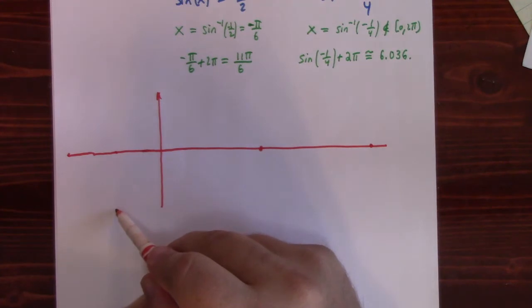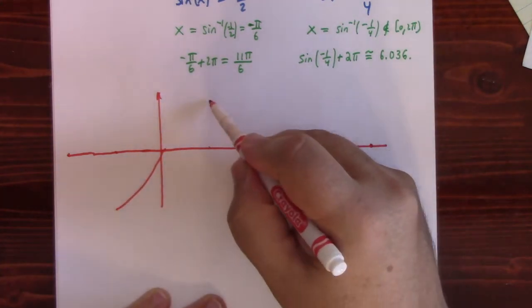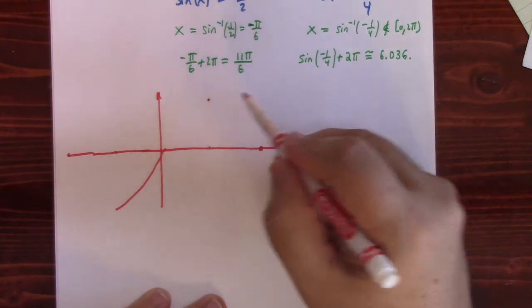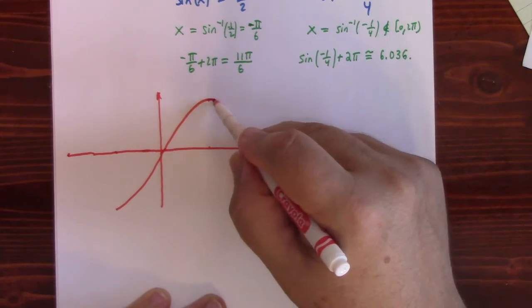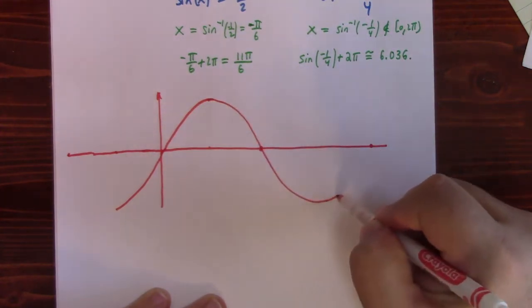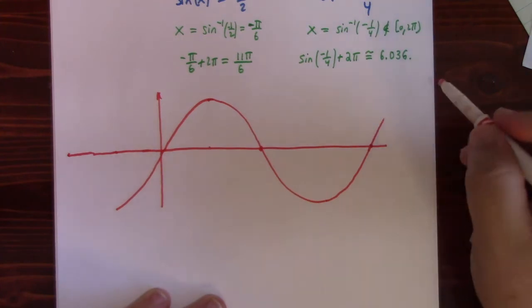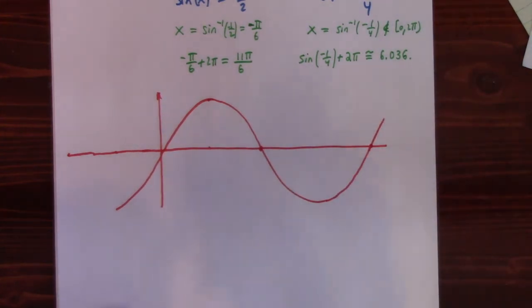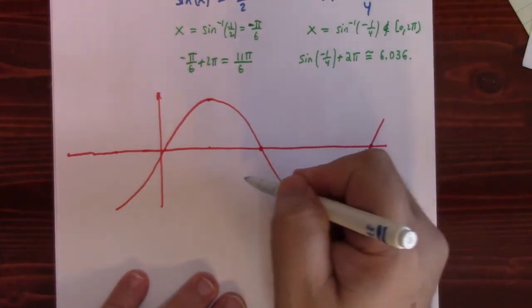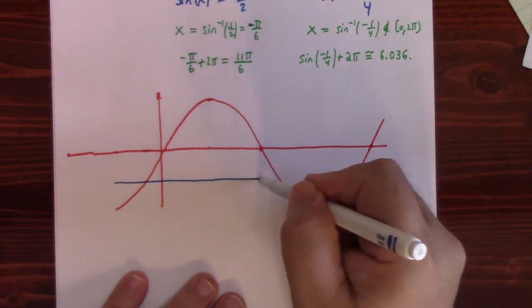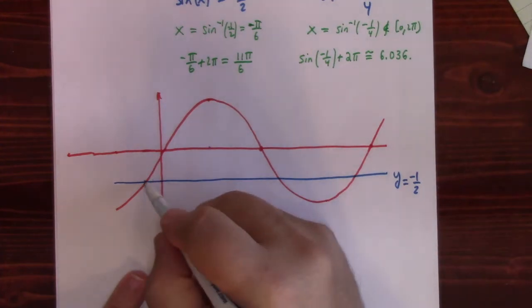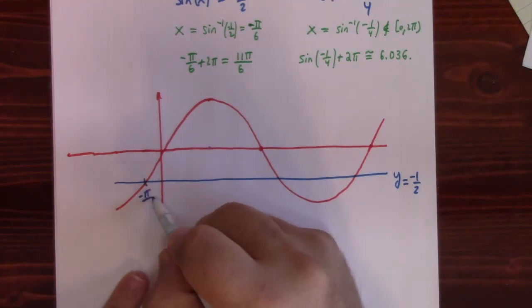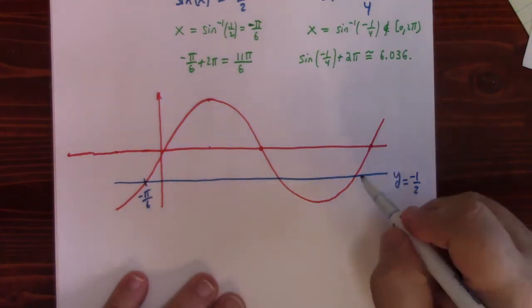I'm trying to do better than my last one, make it a little bit bigger, especially since we're trying to contrast 1/4 and 1/2. So let's say this is y equals minus 1/2. This is what the calculator gave us, and then we added 2 pi, so that gives us this one over here.